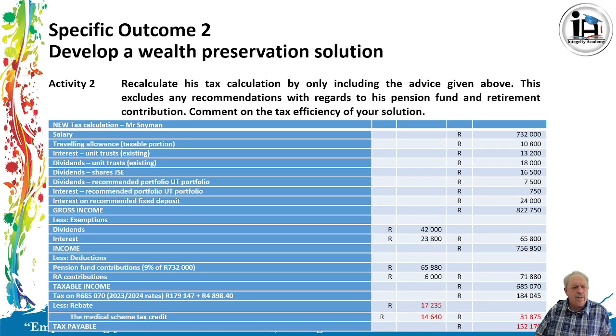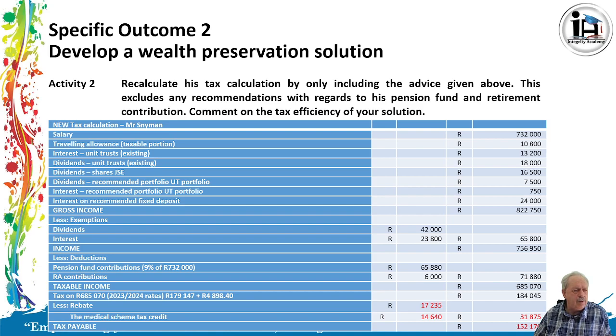Right, in the next scenario, we have now looked at the current situation plus our new advice that we've added here. So the income is still 732, the travel allowance is 10,800, but now the dividends and interest are increasing in our new scenario. The interest on the unit trust altogether is now 13,200.